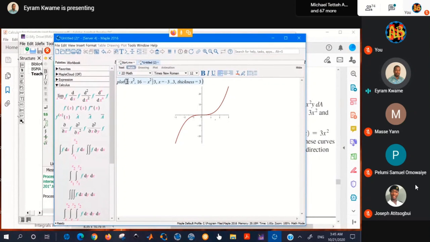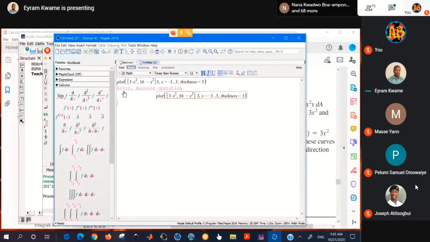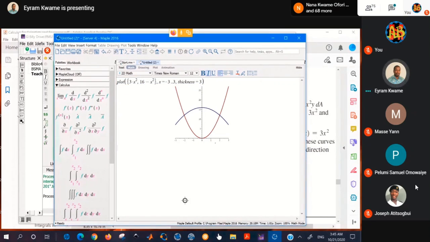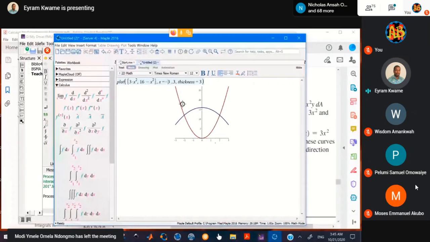Let me change my limit of integration. Good, I have a graph that looks like this. It tells me that even the 3 is too much.